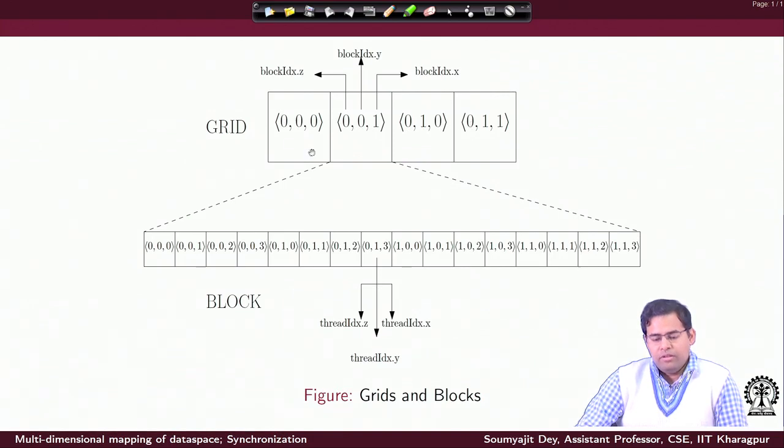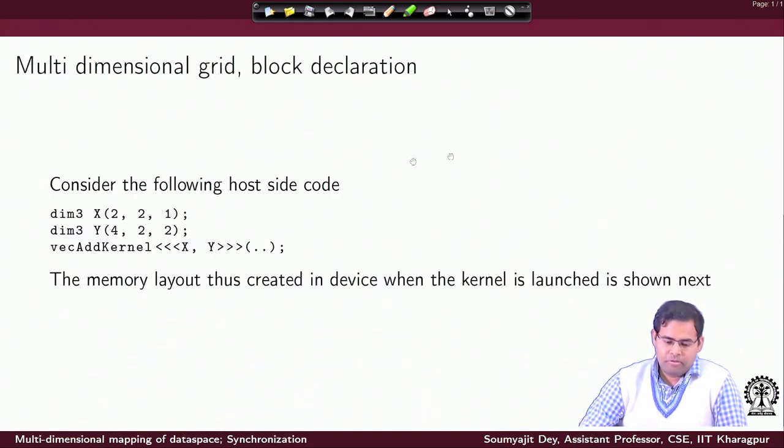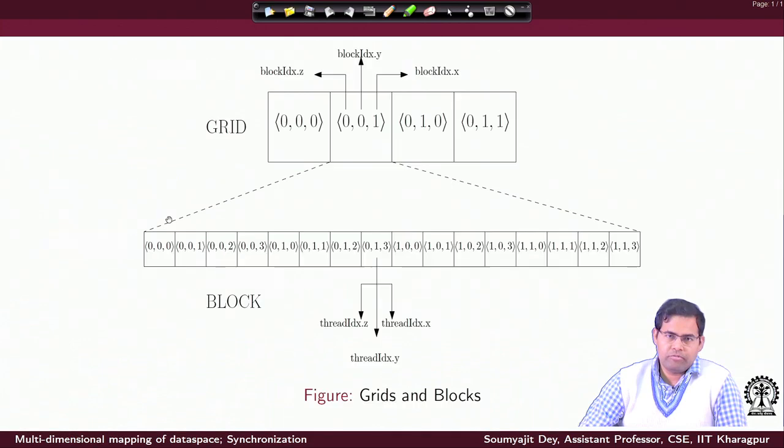This is more of a hierarchical figure. On the top I show the arrangement of blocks. As you can see, we have defined the blocks collection as 2, 2, 1. The first entry corresponds to the x dimension, the second entry to the y dimension, and the third entry to the z dimension.